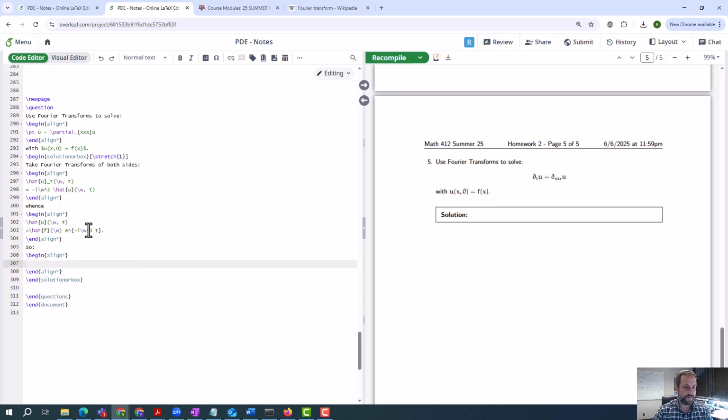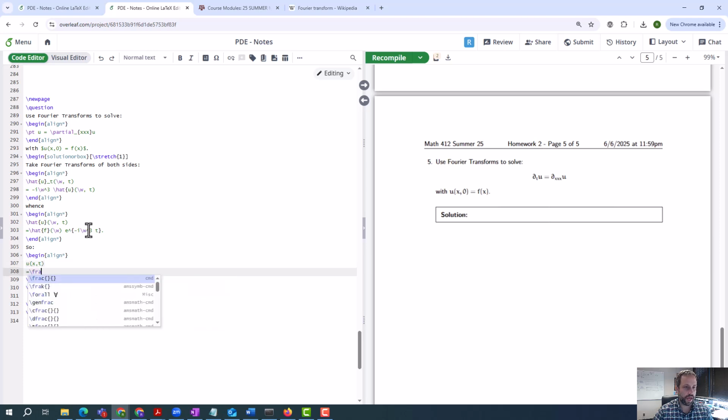So we're going to have u of x, t is equal to the convolution of these two. It's equal to 1 over the square root of 2 pi of the convolution.